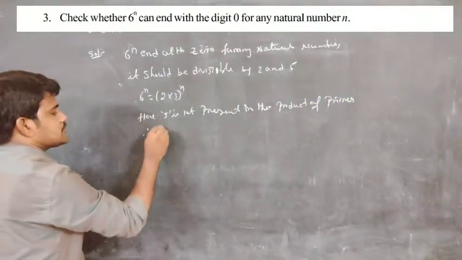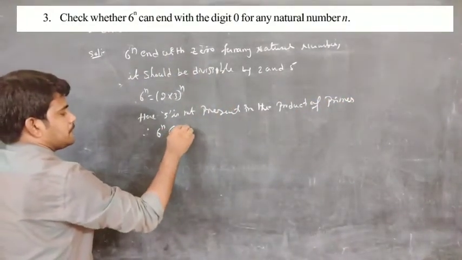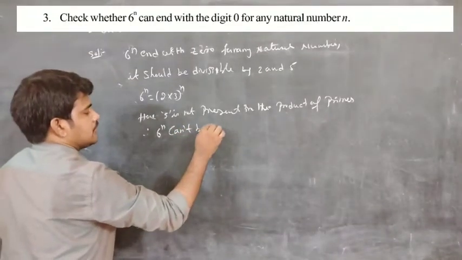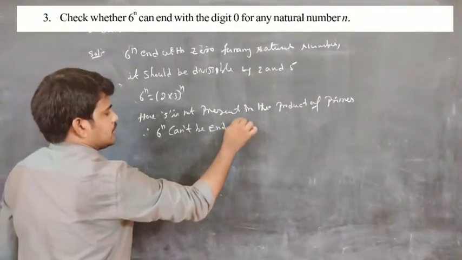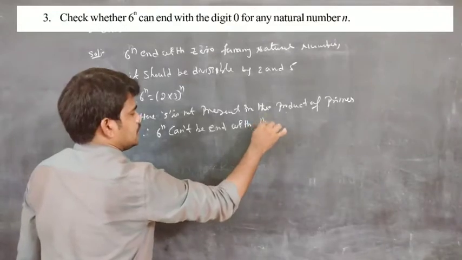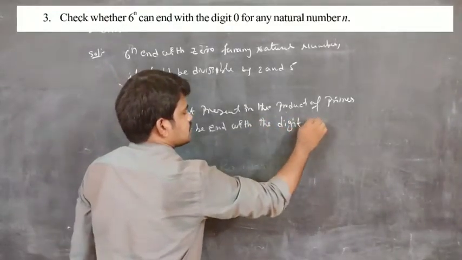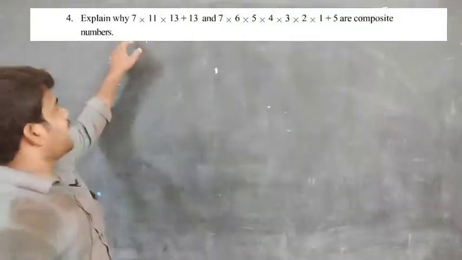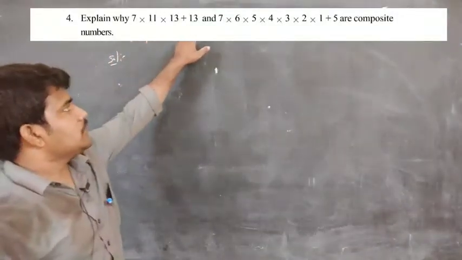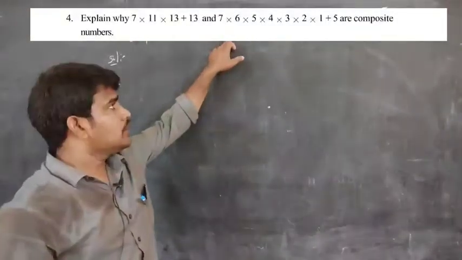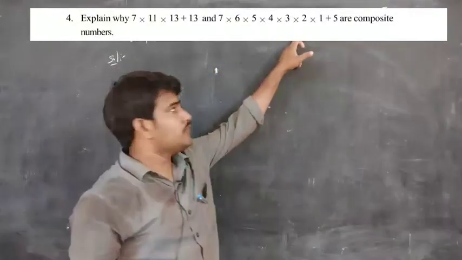Therefore 6 power n cannot end with the digit 0.